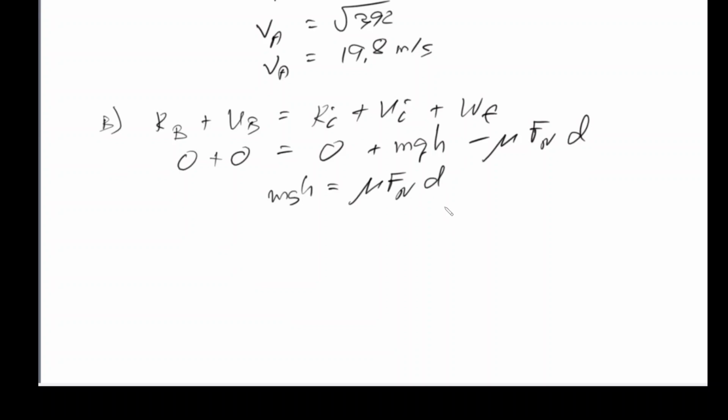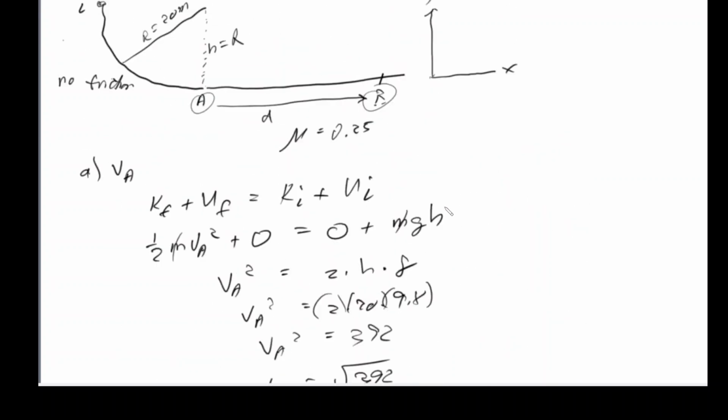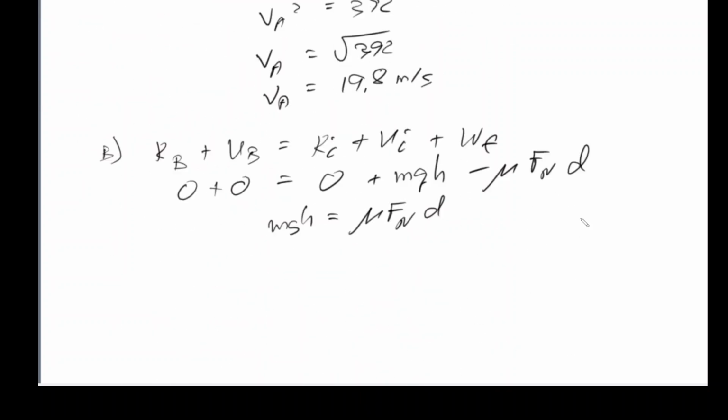Now, what's the normal force? If we go back up here, the boy is sliding. We have a normal force and his weight. And because there's no motion in the y-axis, we know that the normal force must equal the weight.